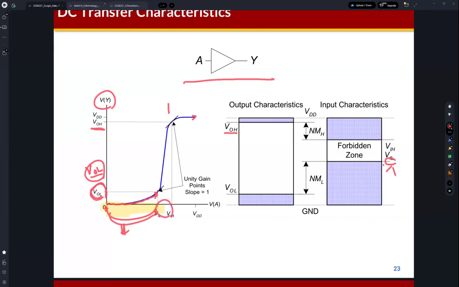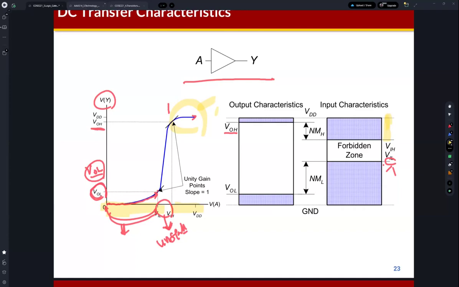This range is unstable, so we need to avoid this input range for this circuit. And then this range is the high input range. So we can say that this is stable. Okay, so this range is here. So it's a high input range.